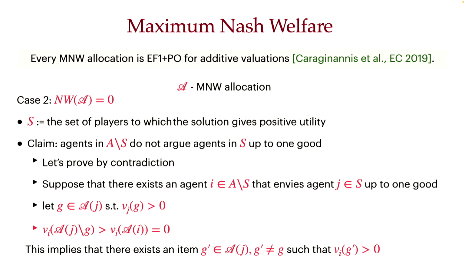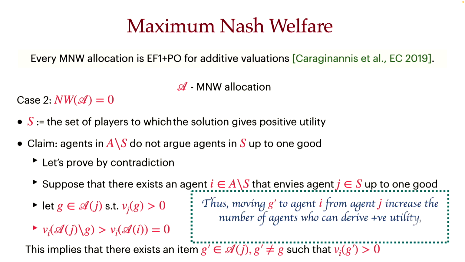Okay. So, this happens. Now, let us give this item g prime from agent J to agent I. Do you see any contradiction? Just wait a minute. No, we cannot say Nash welfare improves here, but we can say something else.